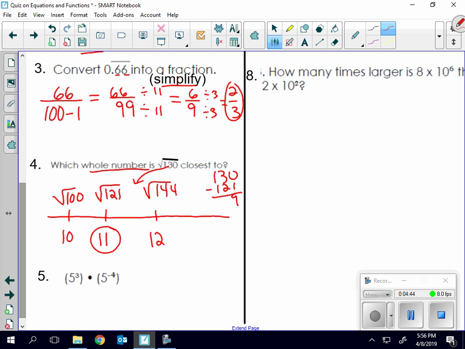And if I check the other two, bigger minus smaller, 144 minus 130, that's a difference of 14. So you can see it's closer to the 121, which means the answer is right here, 11. They want the whole number, which is 11.